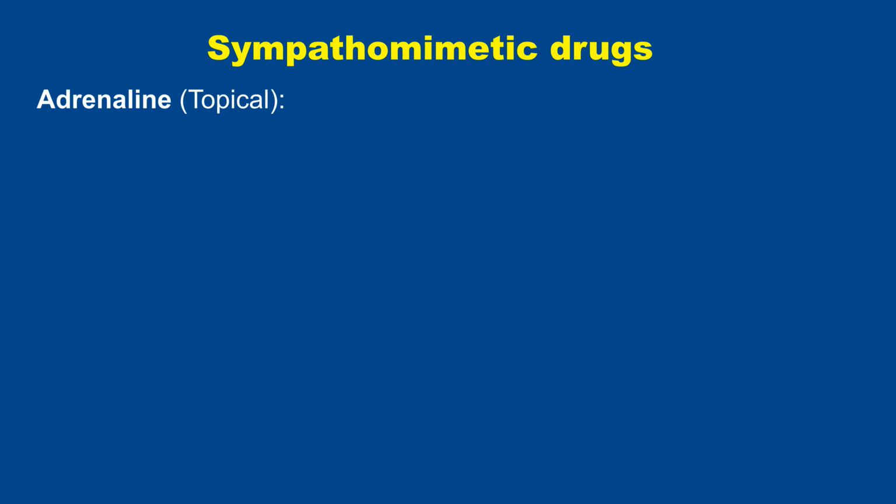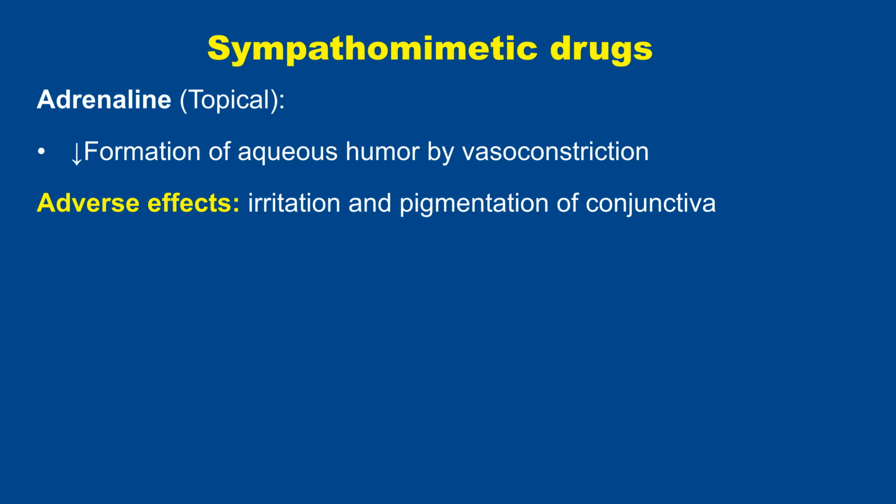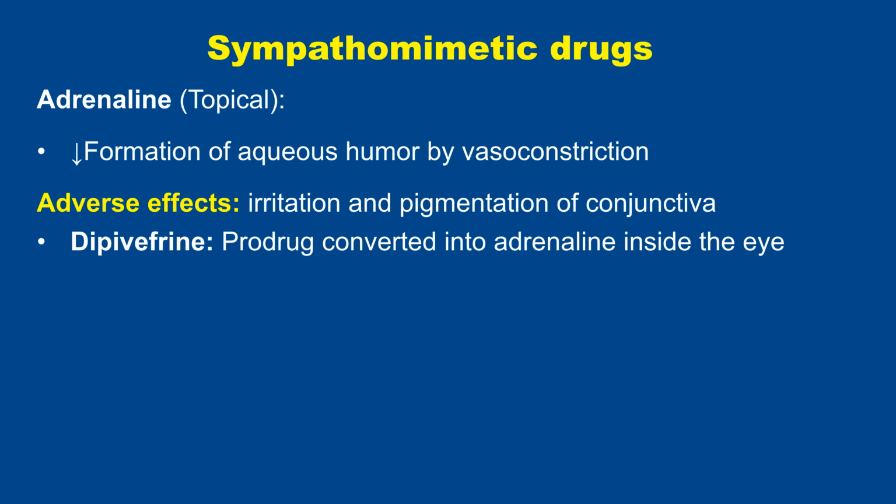With this principle, we use adrenaline topically, though nowadays it is not being used because of increased cardiac complications. So adrenaline decreases the formation of aqueous humor by vasoconstriction. Adverse effects include irritation and pigmentation of the conjunctiva.